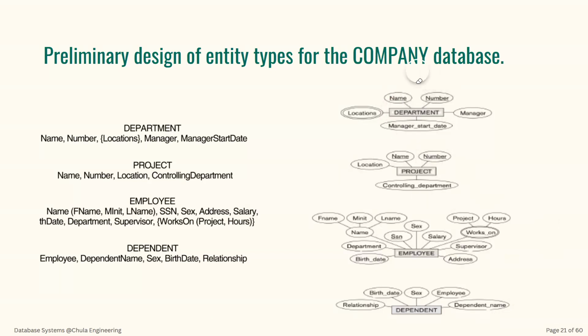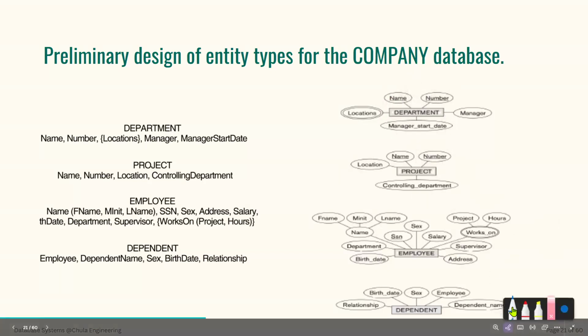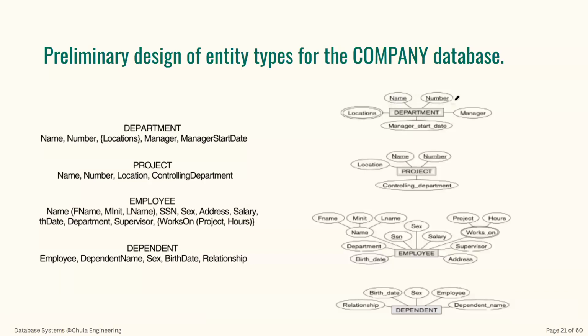And it also says that name and number are unique. So that's why you probably see that I use the line here. I draw a line underneath. So whenever you see the line, it means that attribute is a key attribute, which is unique. So in this particular example, we say that department has name and number as unique attributes, and they are key attributes.